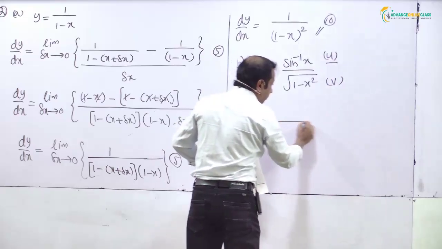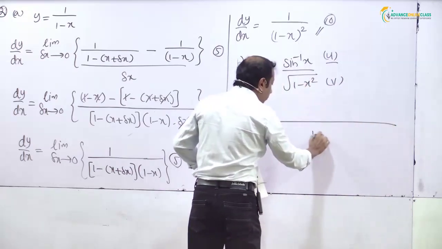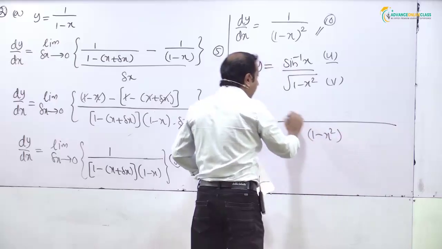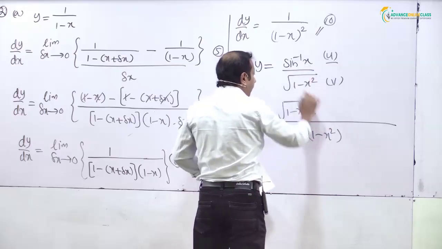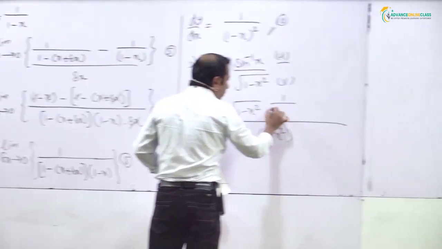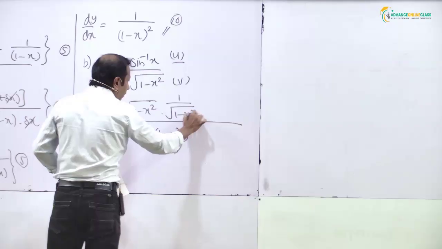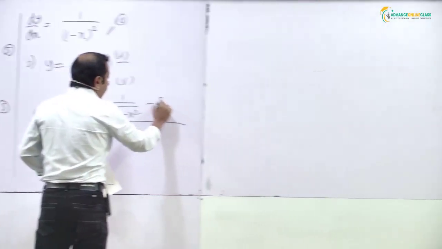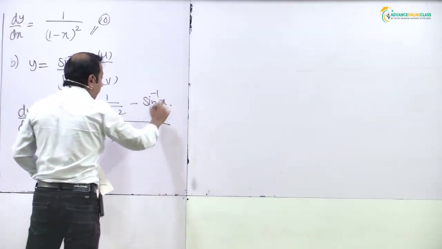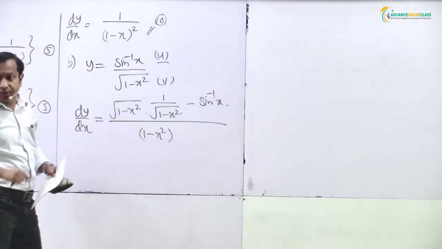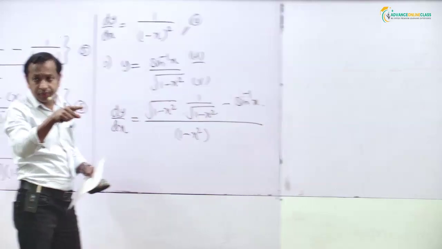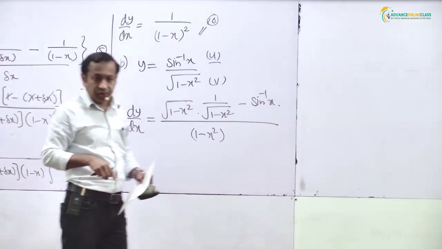First we have to square the denominator, the root will be eliminated. The same square root we must write at the numerator. Sin inverse x derivative is 1 over square root of 1 minus x squared, minus sin inverse x. Derivative of this root, what is that? 1 over 2 times the same into derivative inside that, no?